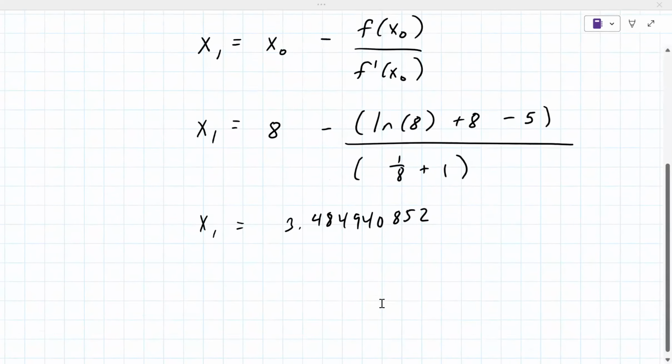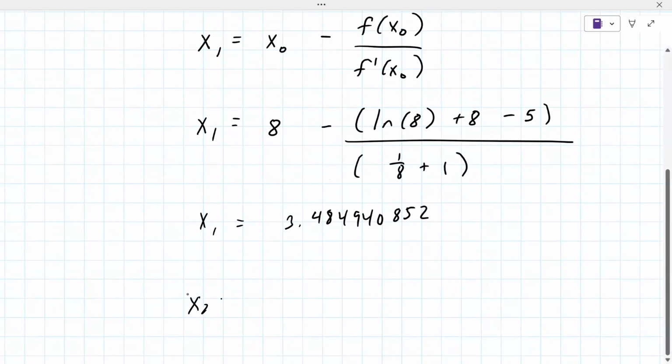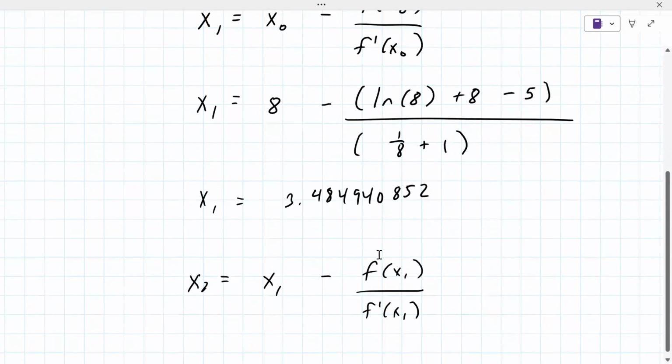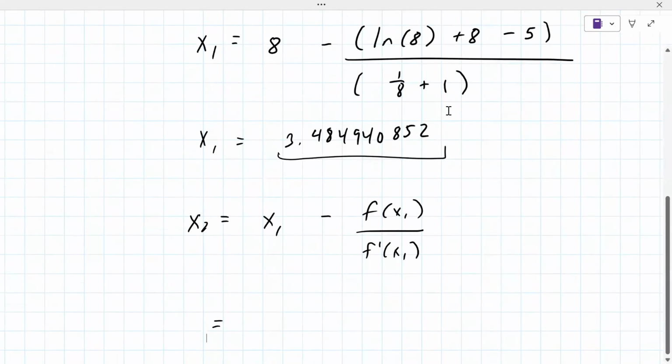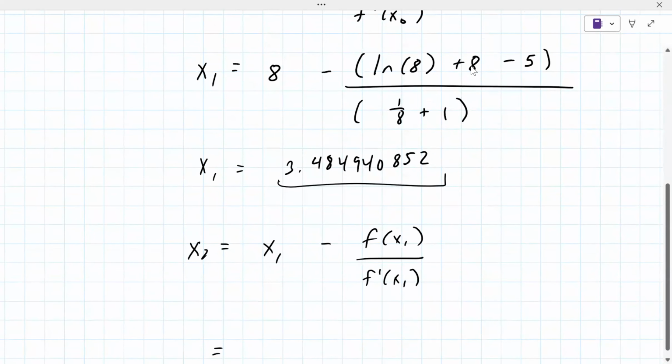And then to do x2, it's x1 minus f of x1 over f prime of x1. So notice x1, x1, x1, f of x on top, f prime of x on the bottom. You're taking this number and putting it in for x1, which is where this gets complicated, because instead of the 8 and the 8 you're putting this in.